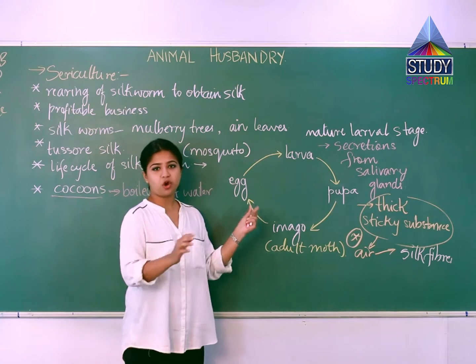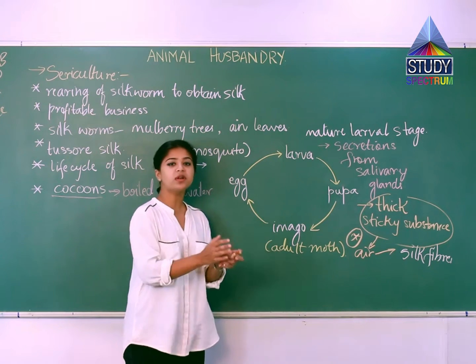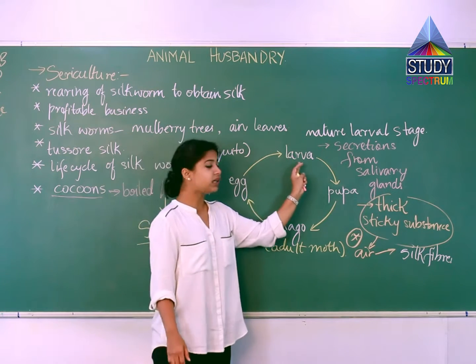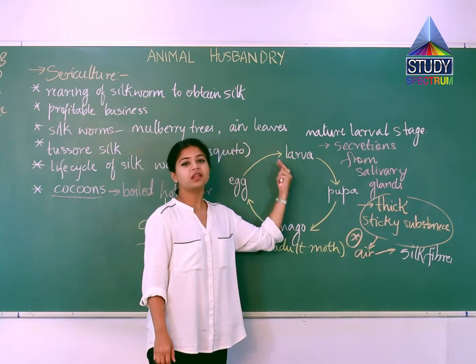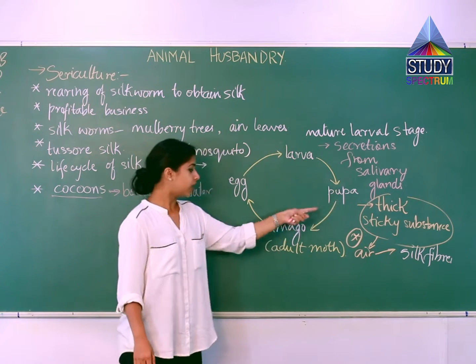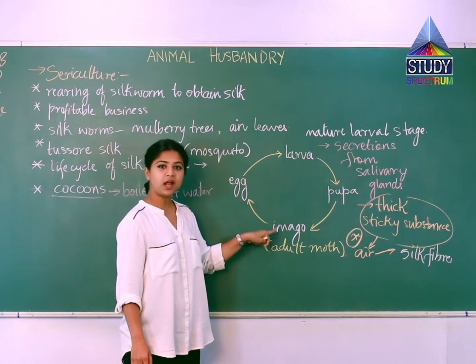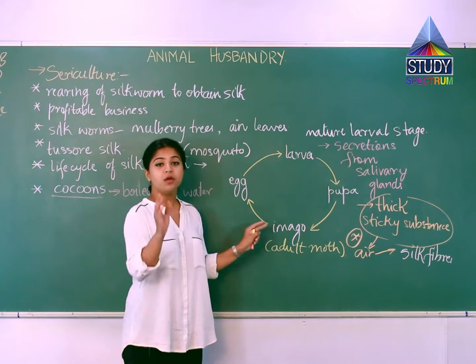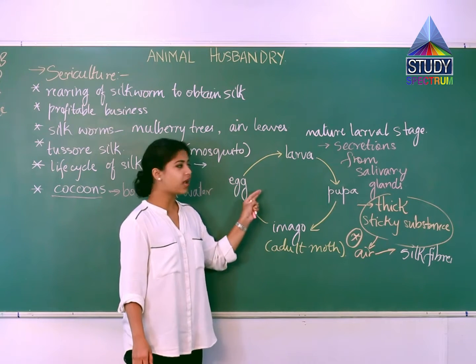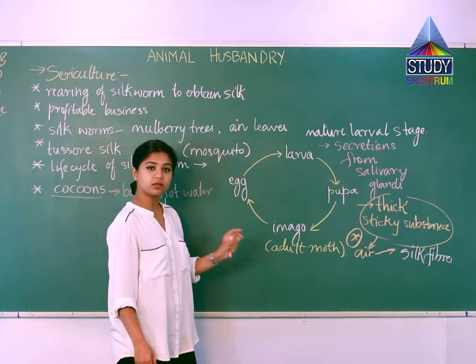These eggs mature over a fixed span of time, resulting in larva. The larva matures and enters a third stage, the pupa. Then it goes on to form the adult moth, the last stage, from where the matured moth will lay eggs and the cycle will be repeated.